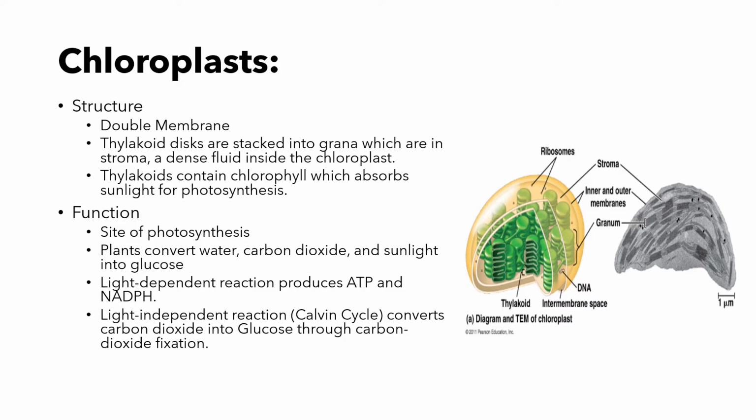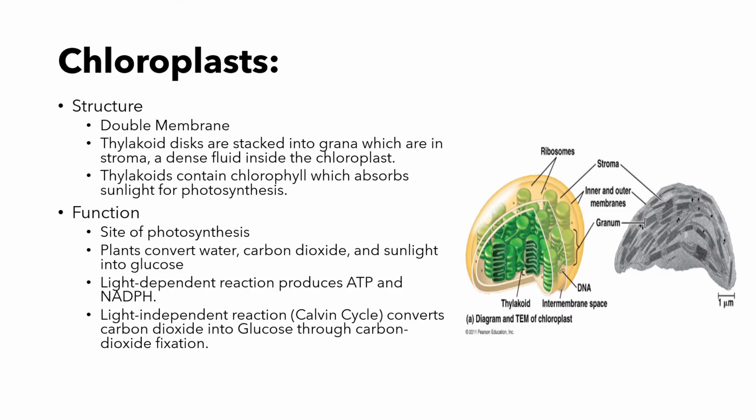How it does this is thylakoid discs, which are these little circular things, are stacked into grana, which are these stacks of thylakoids, and they exist within the stroma. The thylakoids contain chlorophyll, and the chlorophyll absorbs sunlight, which is important for the light-dependent reaction. The light-dependent reaction produces ATP and NADPH, the electron carrier.